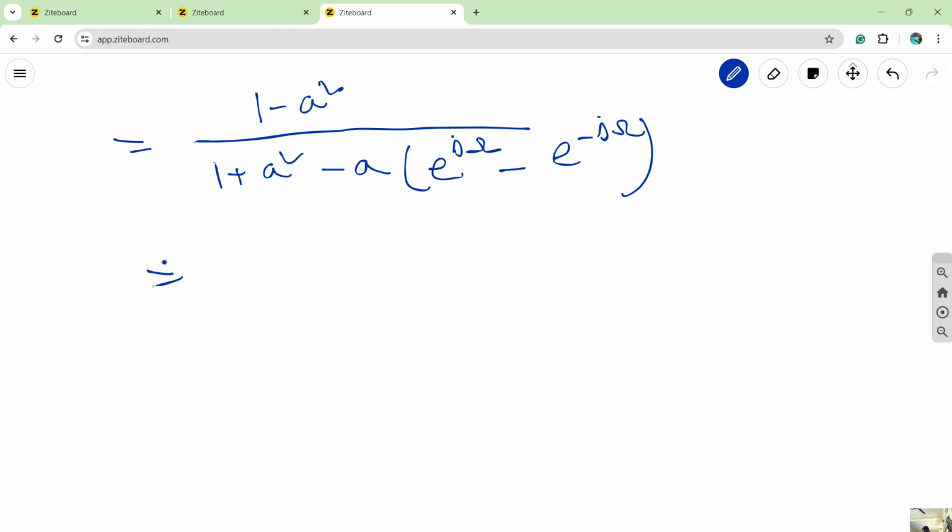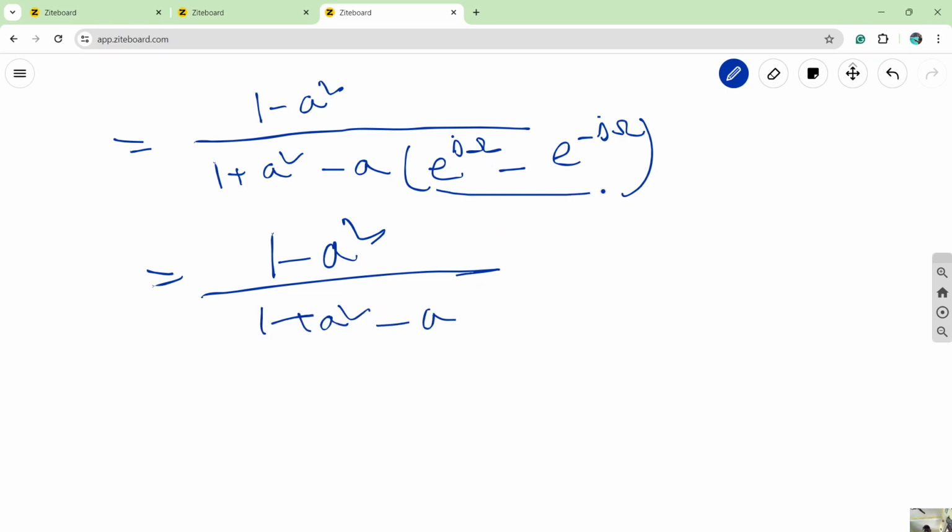So this is equivalent to 1 minus a square by 1 plus a square minus a times, and this is actually the value of 2 cos of omega, because this is cos omega plus j sin omega plus cos omega minus j sin omega.